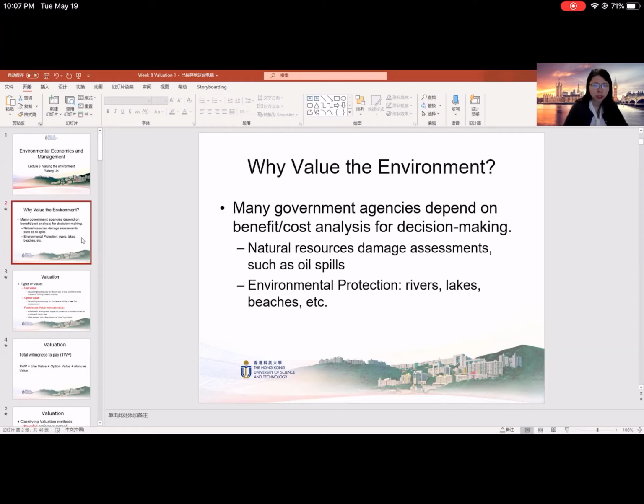How much the area is worth to surrounding residents or to the human race in general is a question. It's an important question because it pretty much determines how much we want ExxonMobil to pay us, right? And another area to use environmental valuation is when we decide to allocate funds for environmental protection projects. So how much fund do we need to pay annually for the protection of national parks?